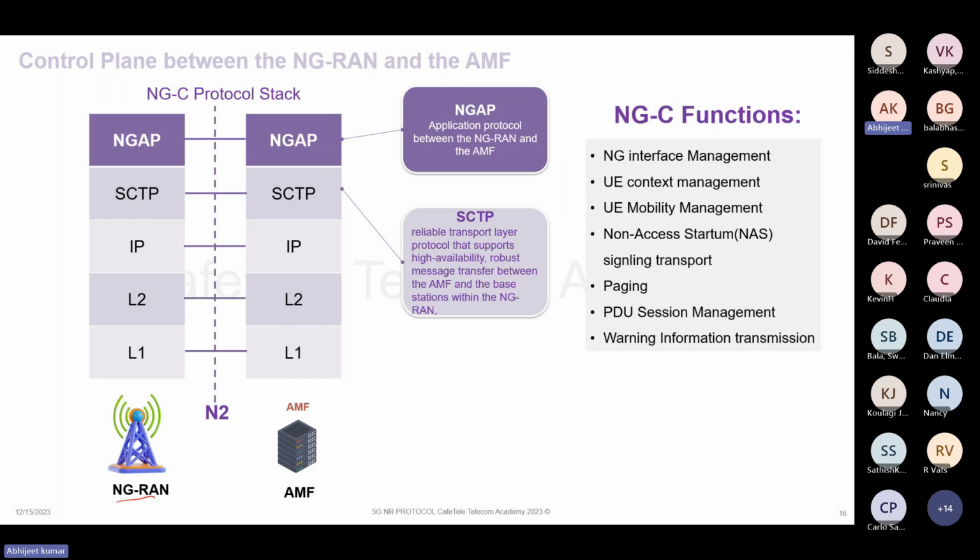In this protocol, you have some layers, starting from L1. This is the physical layer, which handles the transmission of raw data over the physical medium. Then we have the L2 protocol, a kind of data link layer.